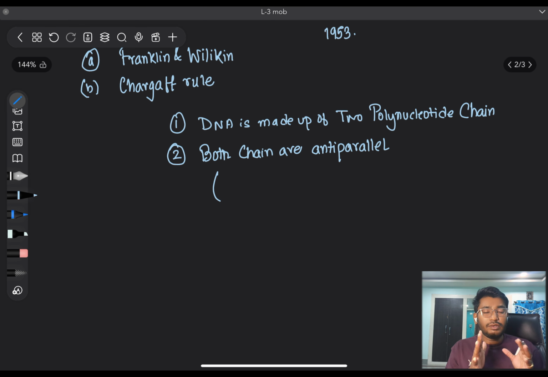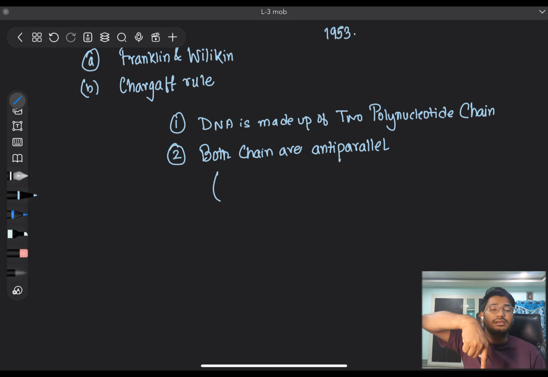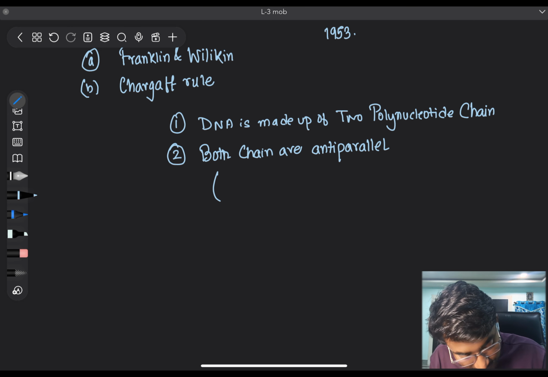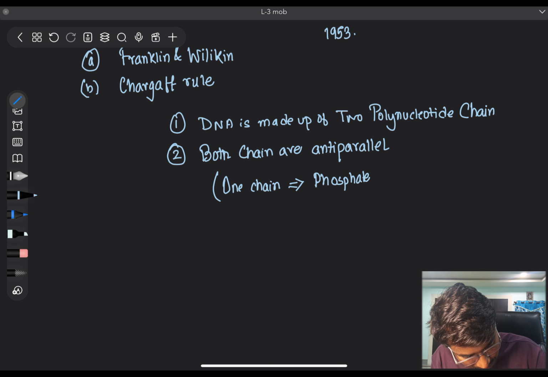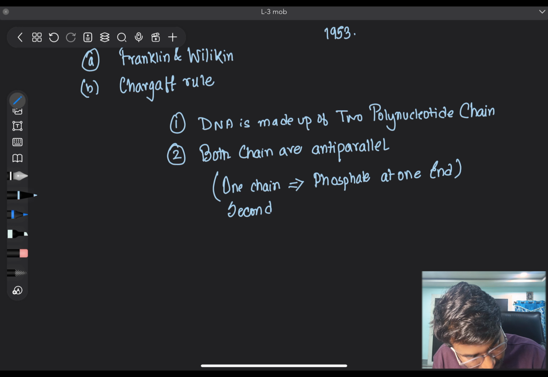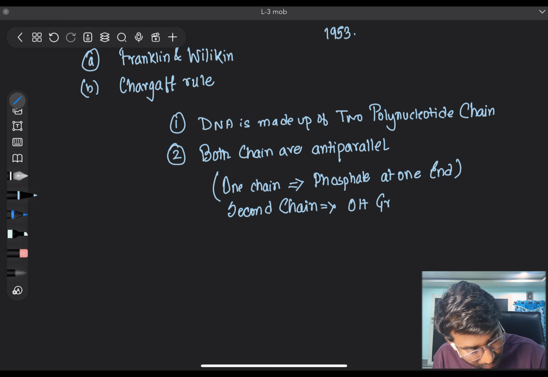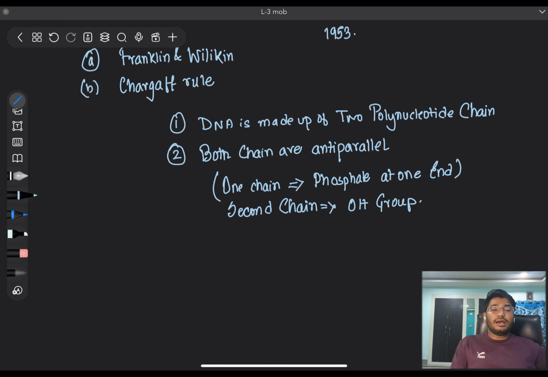So there are two chains: one chain goes from up to down and another chain from down to up. In one chain there is a phosphate group at one end, and on the other chain there is a hydroxyl group.